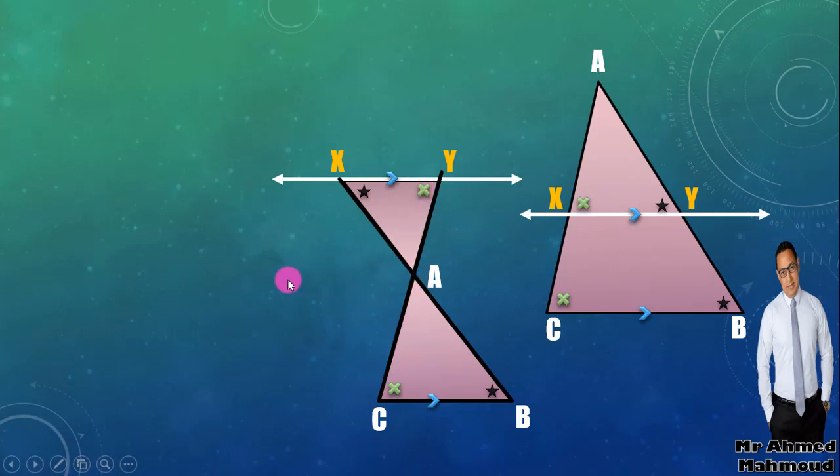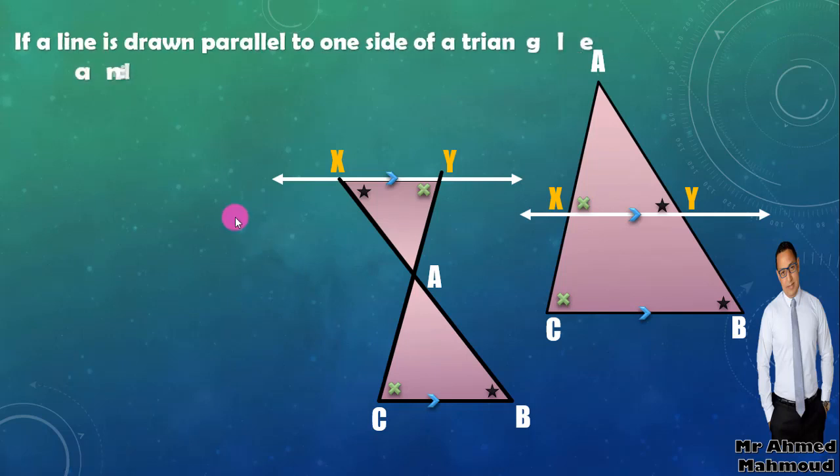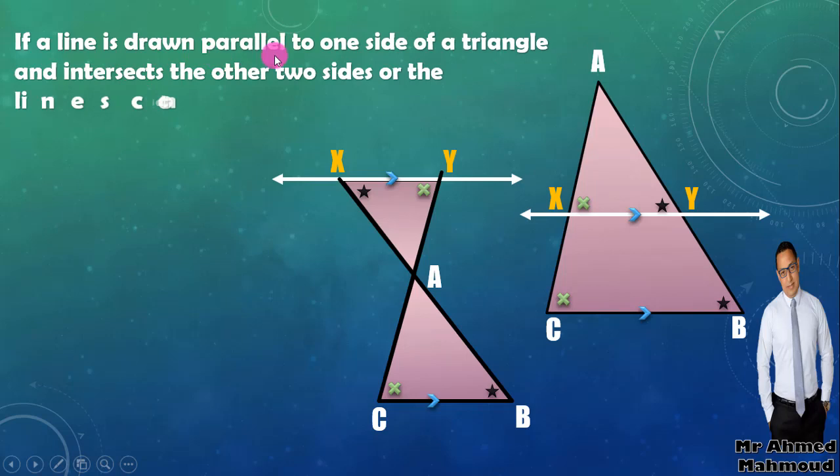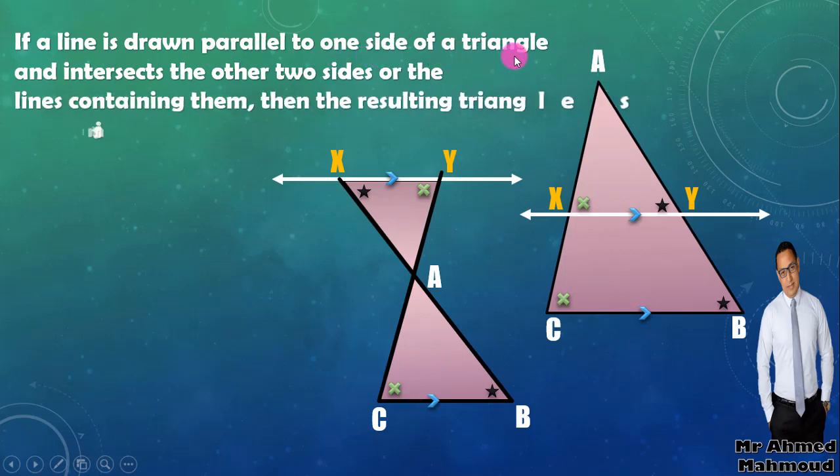So the corollary says: if a line is drawn parallel to one side of a triangle and intersects the other two sides, or the lines containing them, then the resulting triangle is similar to the original triangle.